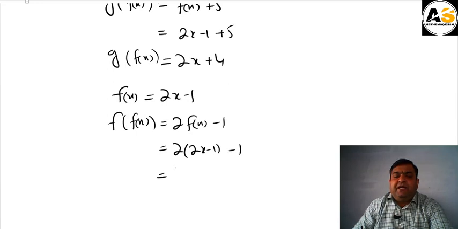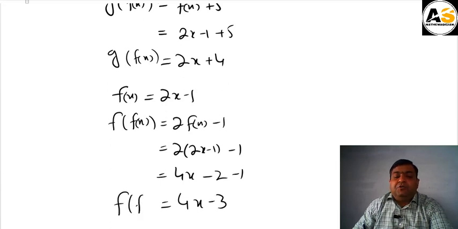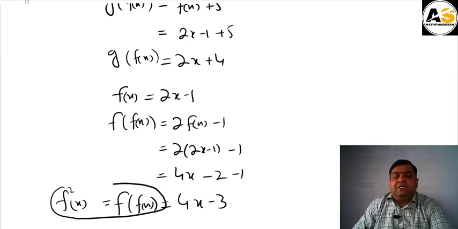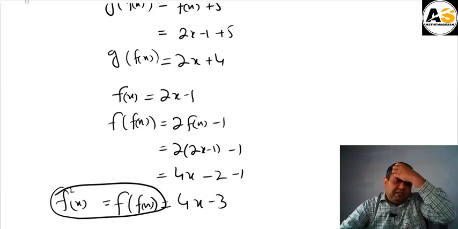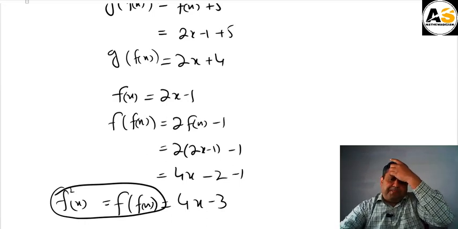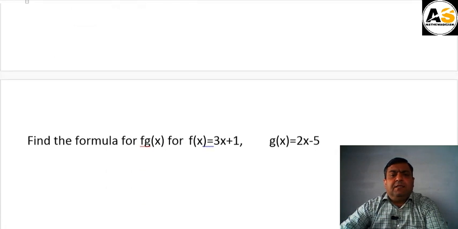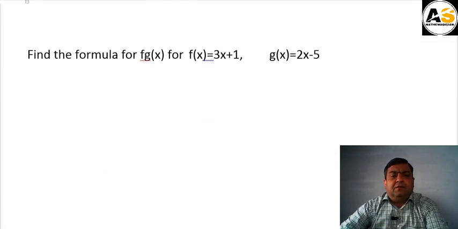To simplify it, this will be 4x minus 3. This is called composition of f on f, also called f square of x. You will learn these concepts in higher classes. So same way we can find composition of g on g as well. Let us learn this concept through some questions.